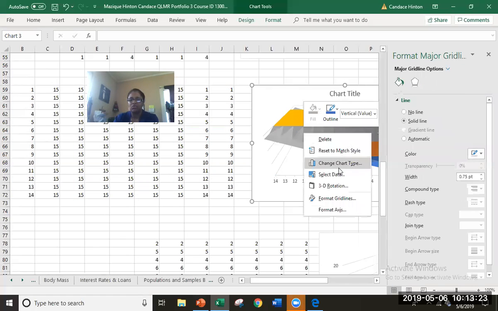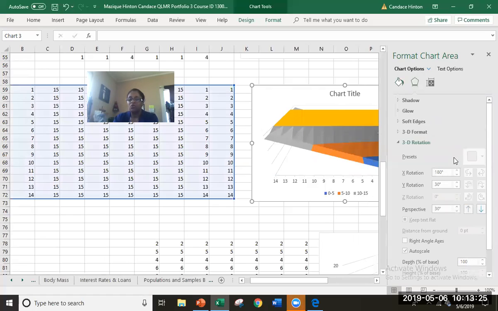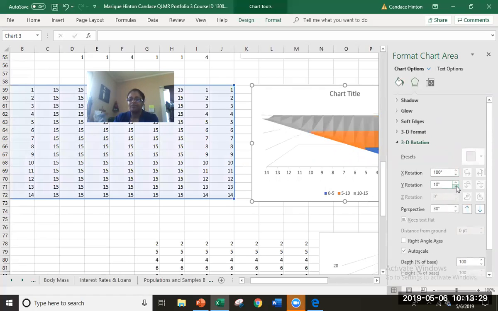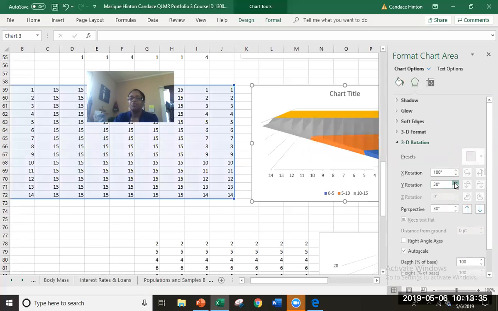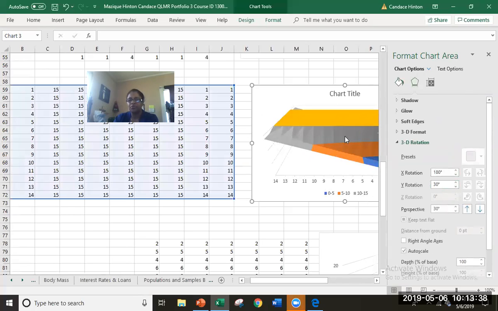Rotation. That's what I need. Rotation. Here I go. Okay, so as I rotate it, of course you see your bottom. You go back up. But I can see the ripples. You see the ripples, the railings there?